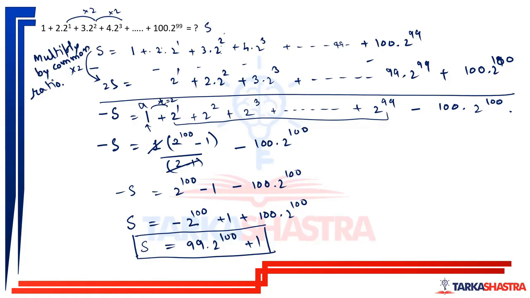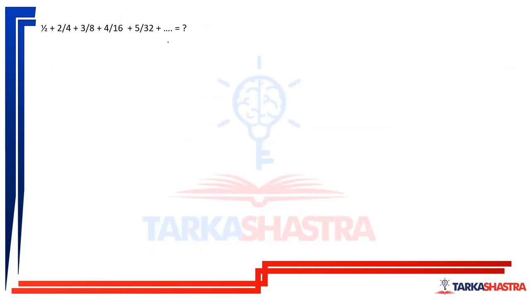Okay, the only trick here, or the only important thing which you have to remember, is that whenever you see an AGP, multiply the whole term by its common ratio. Just like you will do it here. So what you have is 1 by 2, then 2 by 4, then 3 by 8, then 4 by 16, followed by 5 by 32, and this will go up to infinity.